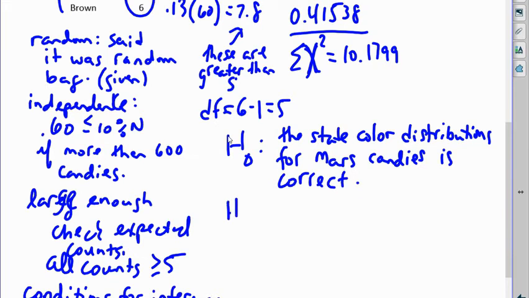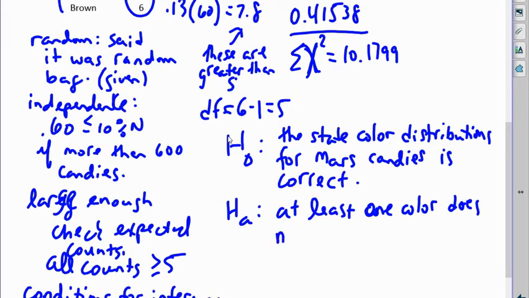My alternative hypothesis would be at least one color does not fit the overall statement.